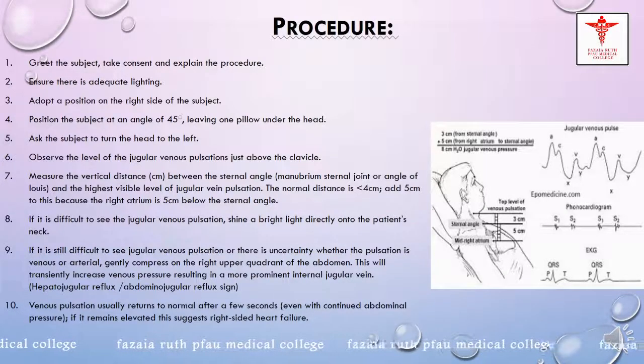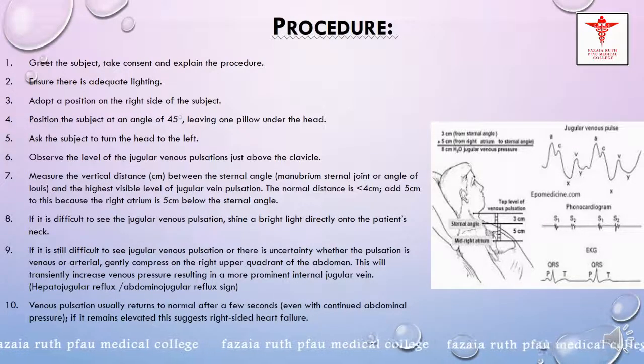So when do these waves appear? The A wave appears when the atria contract. All right? And when the ventricles are contracting, the tricuspid valve, which is present between the right atrium and the right ventricle, bulges upwards.